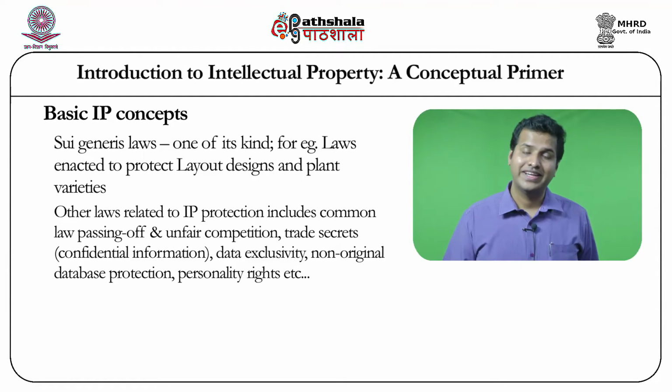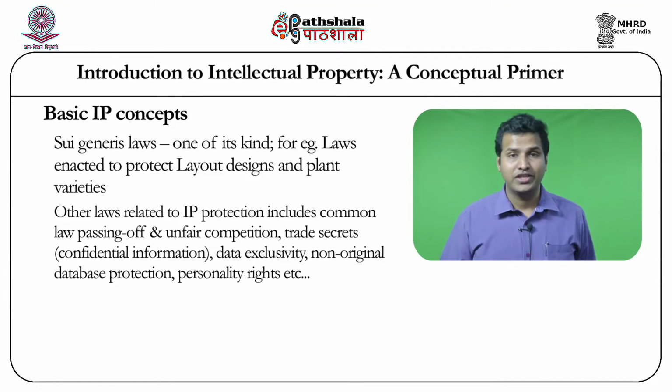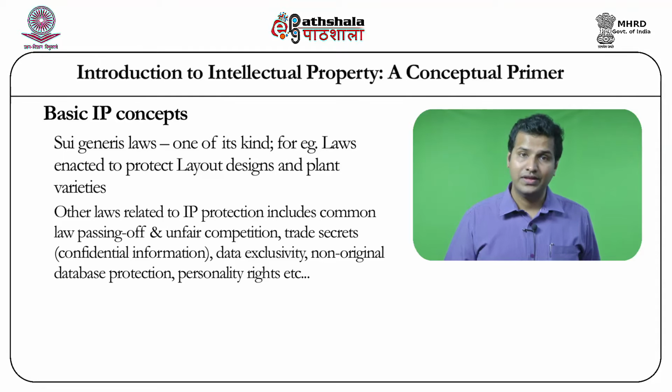We also provide data exclusivity for test and other regulatory data that is usually submitted to the governments. Some countries also provide protection for non-original databases, and we will discuss along with this a bit of personality rights, and we will discuss these in the next slides.